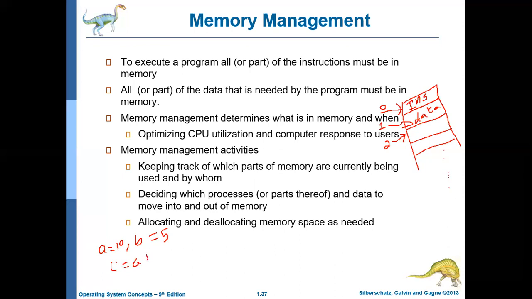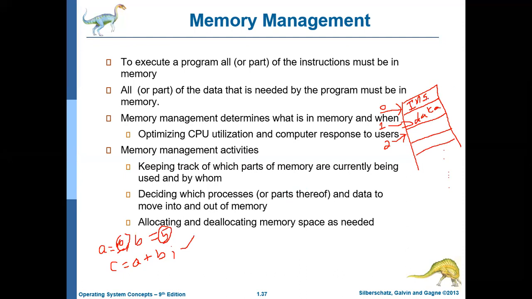The statement c equal to a plus b is an instruction. But this instruction is meaningless until you assign a value to a and a value to b. The value of a is 10 and the value of b is 5. These are data, whereas c equal to a plus b is an instruction. So the locations in memory may hold either an instruction or data.